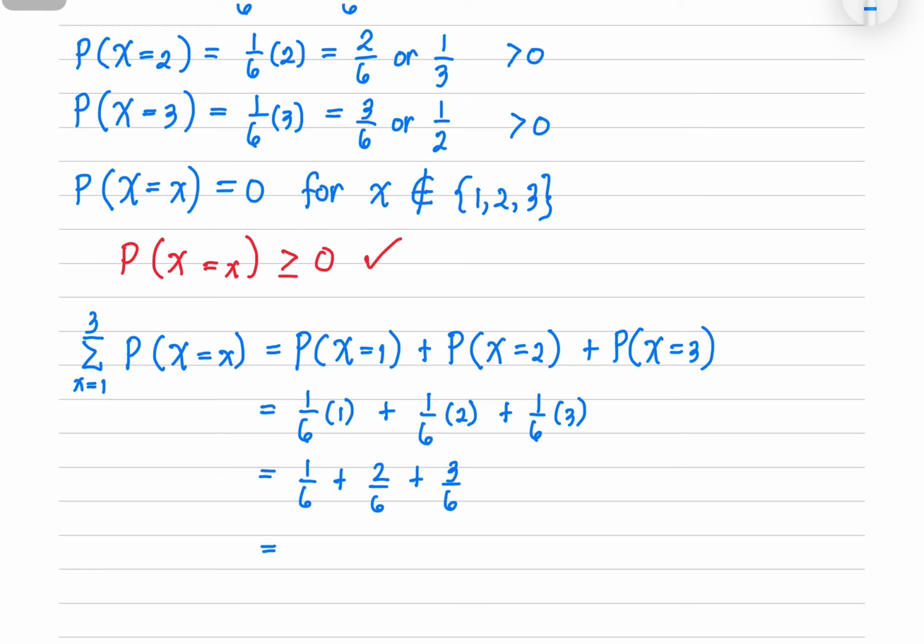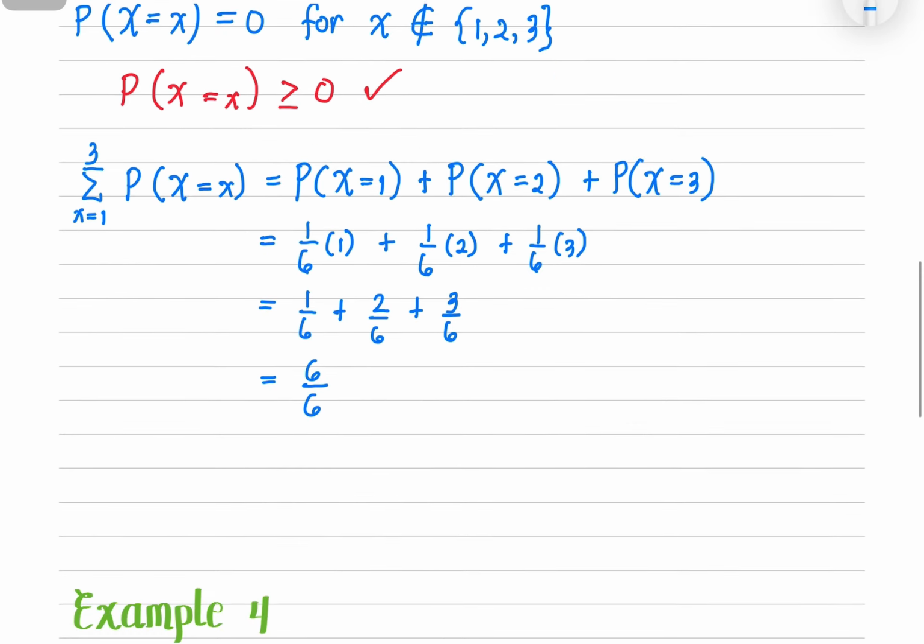So, class dito, since we come up with similar terms, kasi yung ating denominator ay magkakapareha, so similar fraction siya. So, ibig sabihin, copy lang, no? Kapag similar fractions tayo, only add the numerator. So, 1 plus 2 equals 3, plus 3 equals 6.